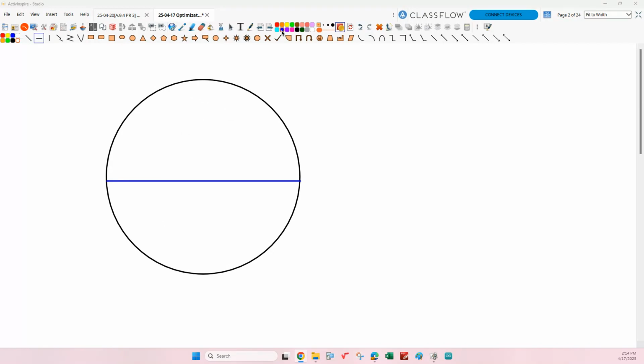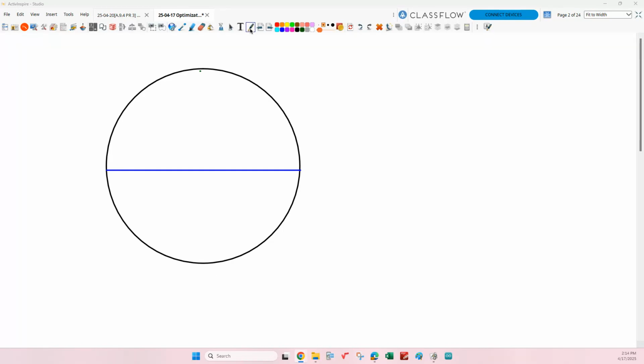If I pick a value of h that's really small, say this is my height, then that's going to give me this cone.